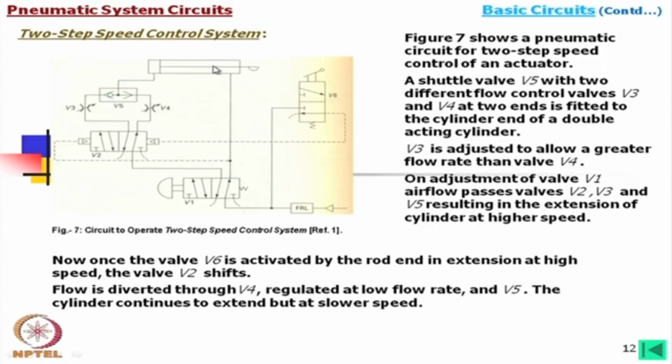That means, when it reaches here, then this is actuated, and after this position it will move at slow speed.